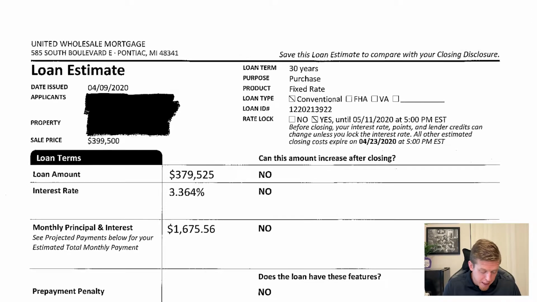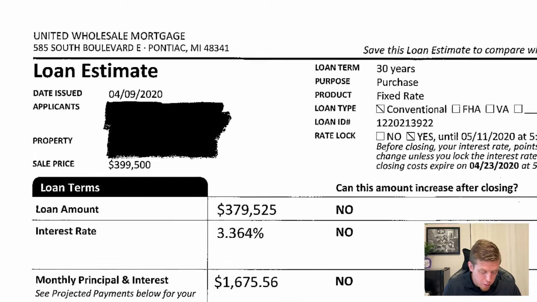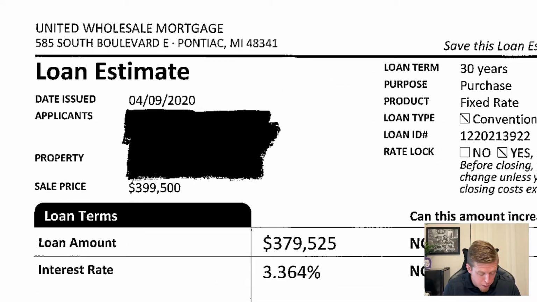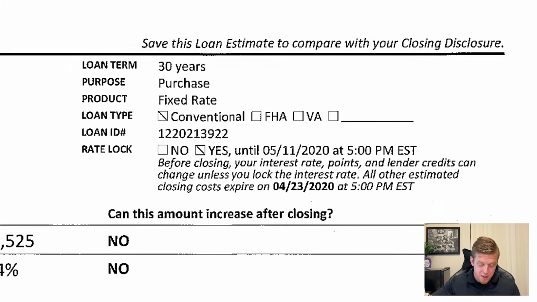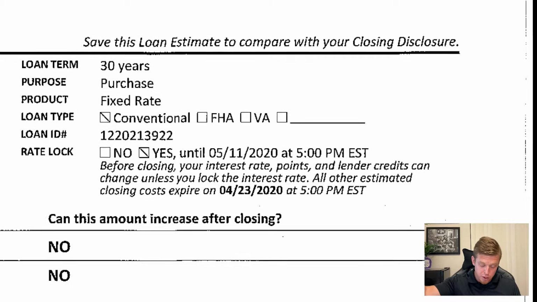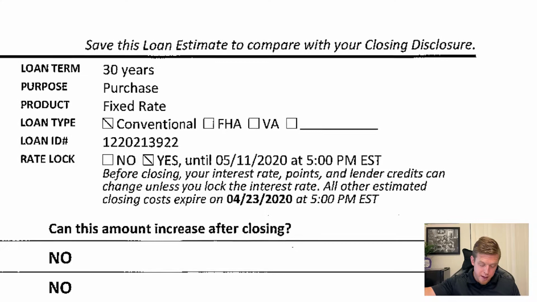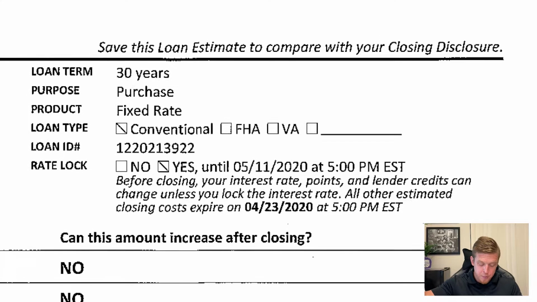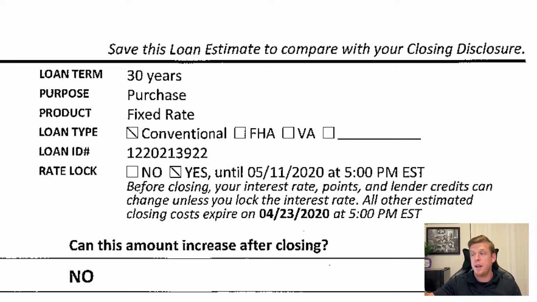So up at the top left, you've got the date issued, the applicant's name, the property address, the sale price, and then to the right, it's got loan term, purpose, product, loan type, and then rate lock. Now that's important because when you're making a purchase, sometimes the loan officer will advise you, hey, listen, we're gonna get this loan over to my processor. He's gonna send out initial disclosures.